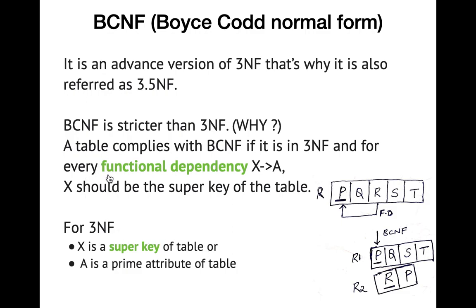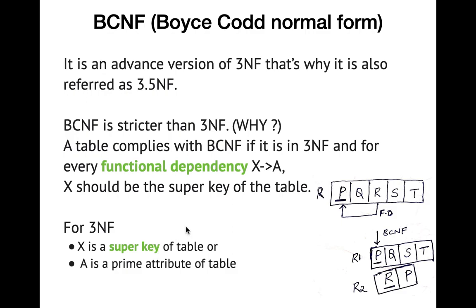But BCNF clearly states that in X gives A, X should be the super key. The second condition should not be there. Only then can we say that the table satisfies BCNF. That is the difference between 3NF and BCNF. In 3NF, if either of the two conditions is satisfied, it is in 3NF, but to be in BCNF, only the first condition is considered: X should be the super key.